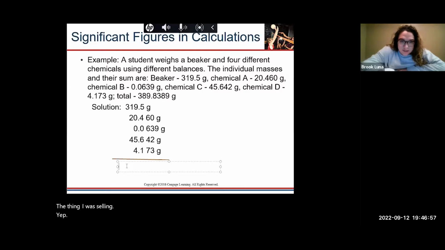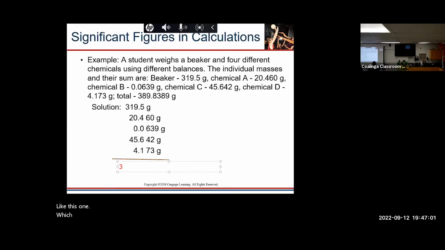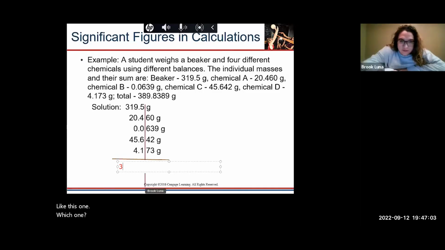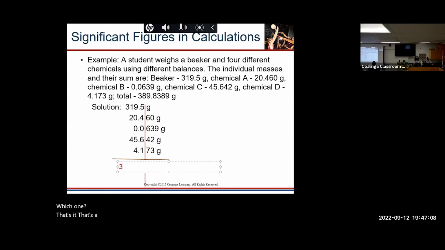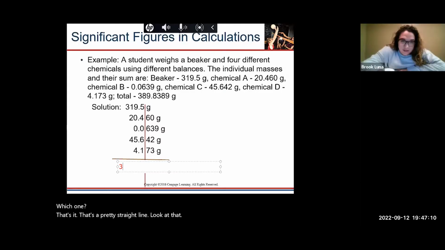Okay, so like this one stopped here. Like which one? 319.5 up there. Yep. All right, that's a pretty straight line. Look at that. Okay, and then this one would be right here.